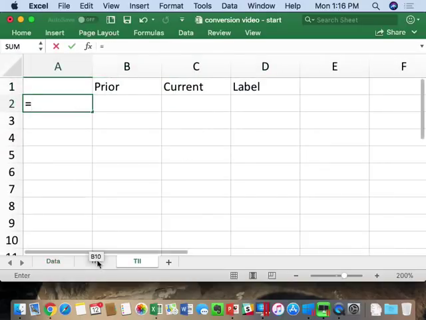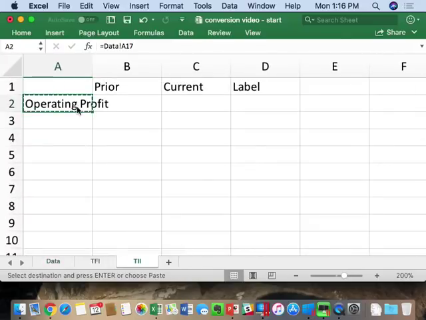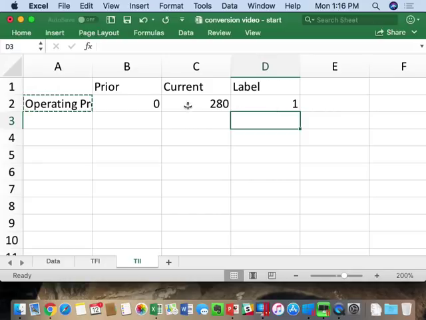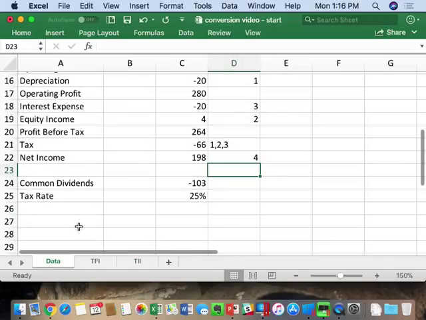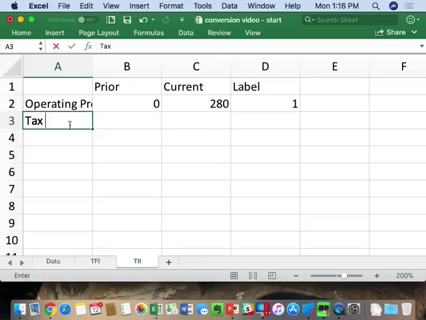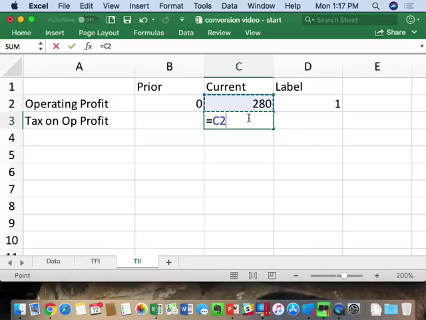Start out with the shortcut, operating income, operating profit. That was our 1. I suggest writing this out granularly because the book doesn't always do this. So if we reported 280 of income and our tax rate was 25%, which is the assumed tax rate I gave you on the tab, tax on operating profit is basically 25% of the 280.